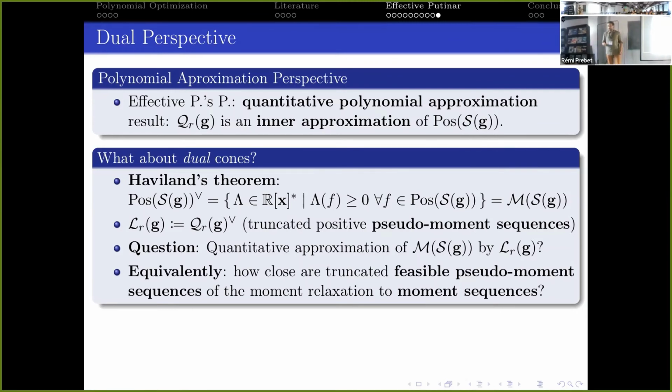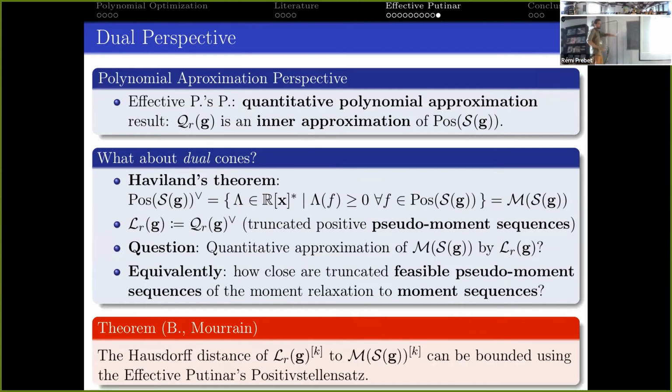And these are the feasible pseudo-moment sequences of the Lasserre moment hierarchy. And so the dual question of the Putinar positive Stellensatz is, what is the quantitative approximation of the convex cone of Borel measures by truncated positive pseudo-moment sequences, or equivalently, how close are these feasible pseudo-moment sequences of the moment relaxation to being moments of measures?